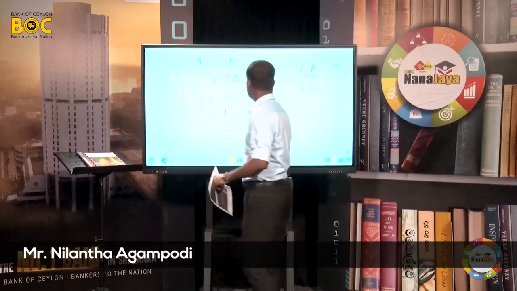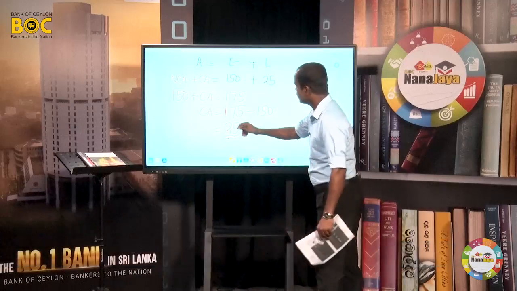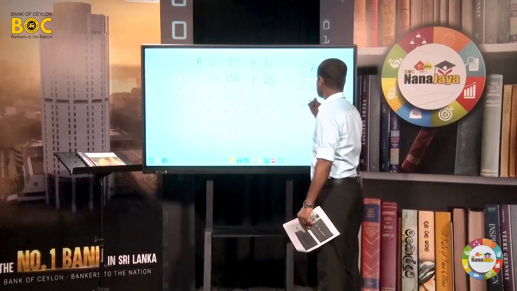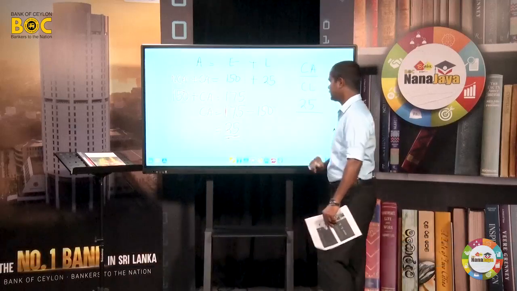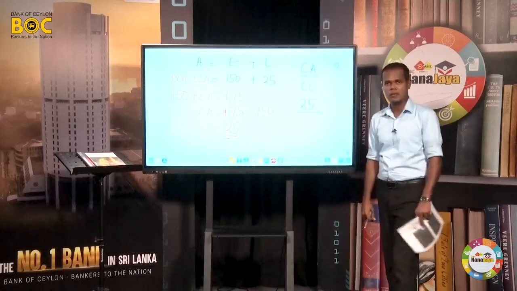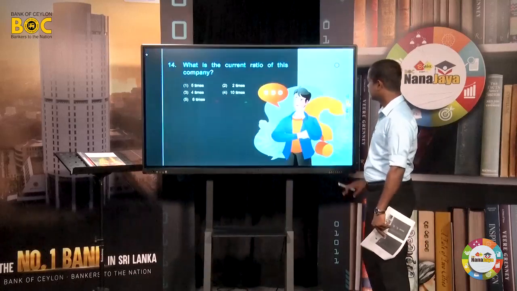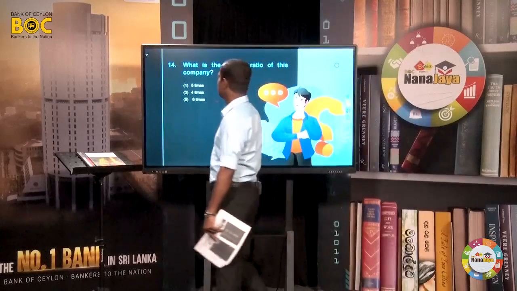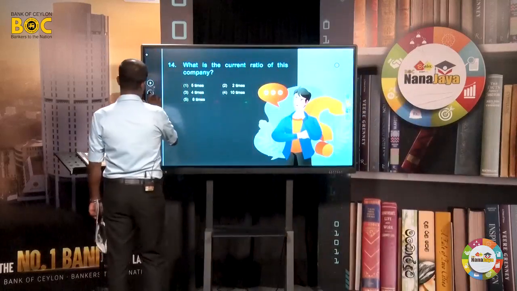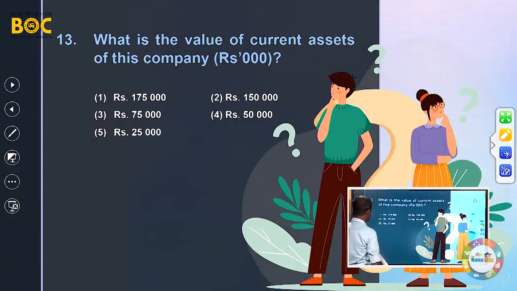Right. And here current assets we found as 25 million rupees. Now the current liabilities. The current liabilities of this company.